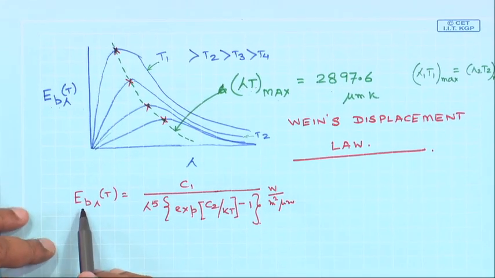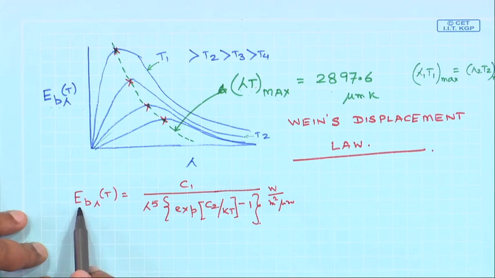The expression that I have is the radiation emission by a black body at a specific wavelength.